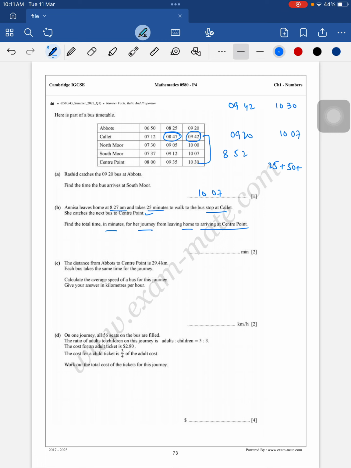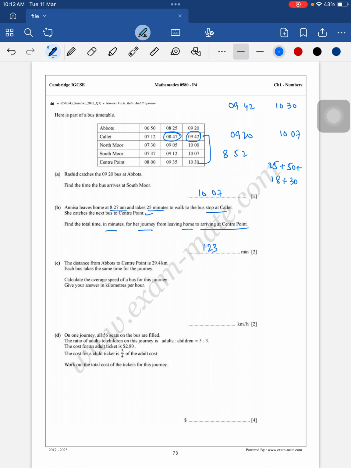So 9:42 till 10 is 18 minutes. And again plus 30 minutes. So basically 25 plus 50 plus 18 plus 30. She's taking around 123 minutes. Am I right? The answer is to be given in minutes, so 123 minutes.